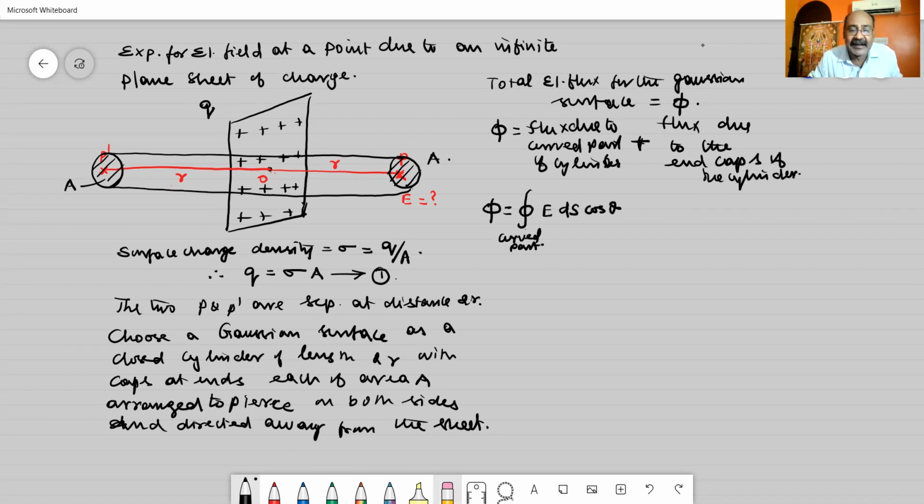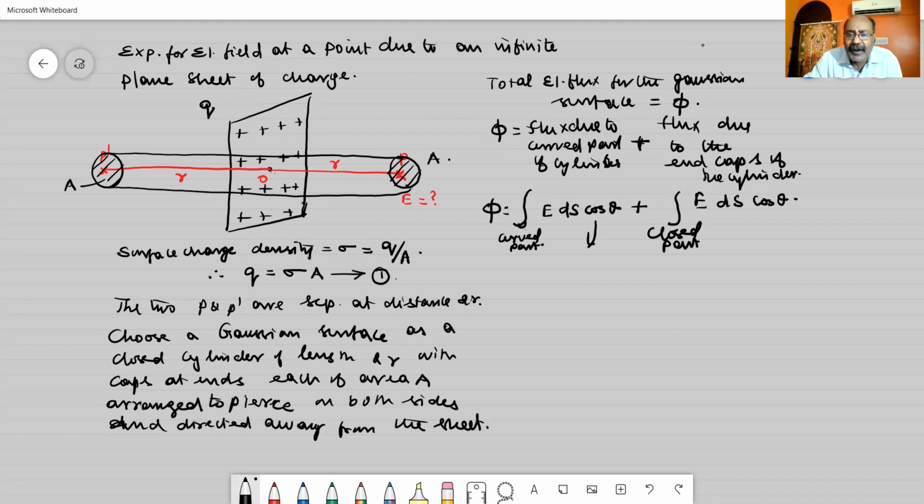If I am writing it as the curved part, then there is no need to put this round. So integral of the curved part of E into ds into cos theta, plus the integral over the closed part, which is again E into ds into cos theta.